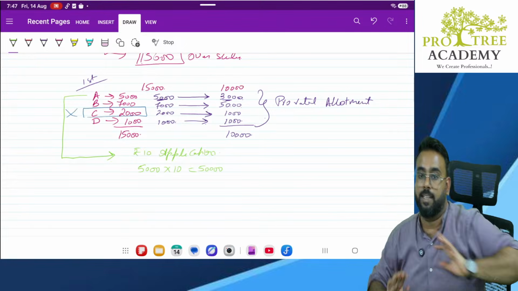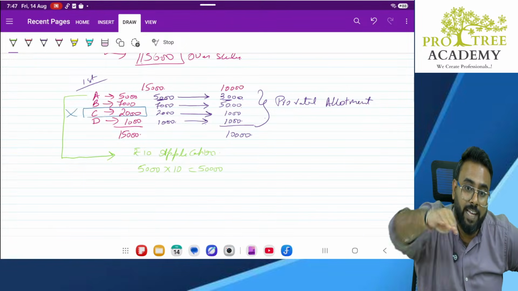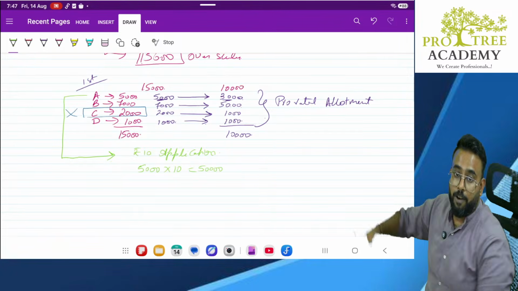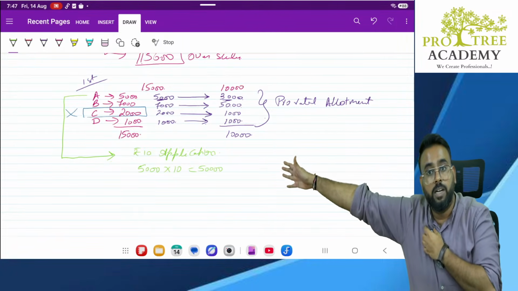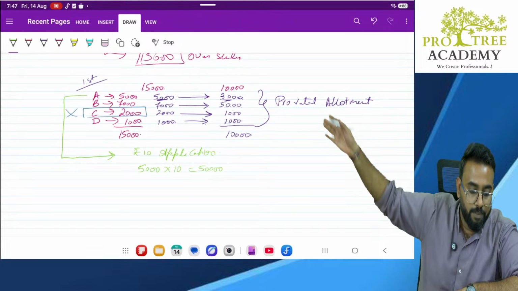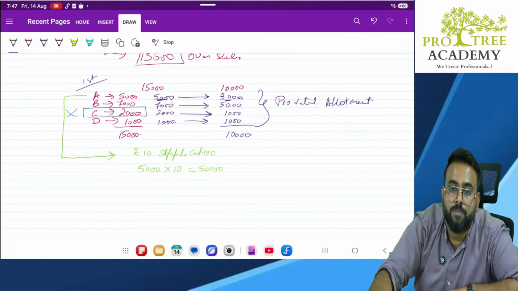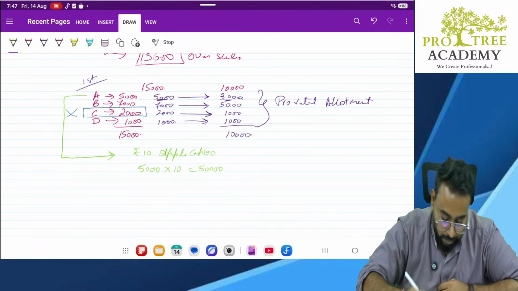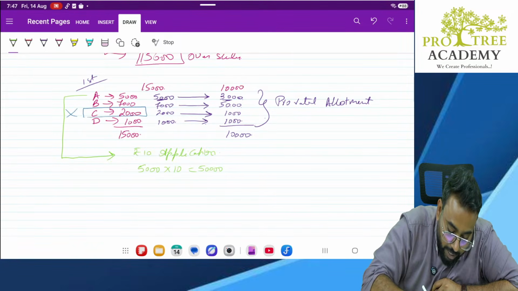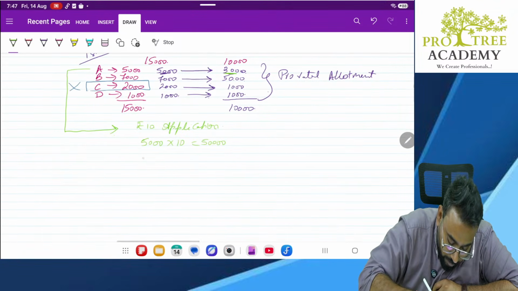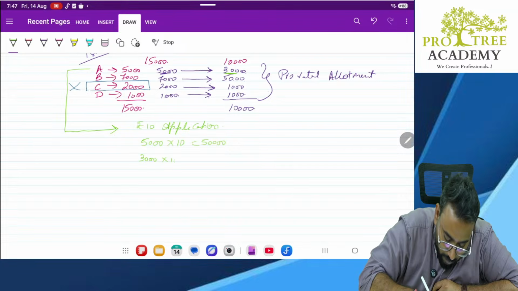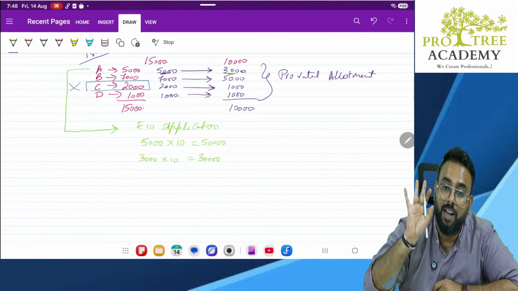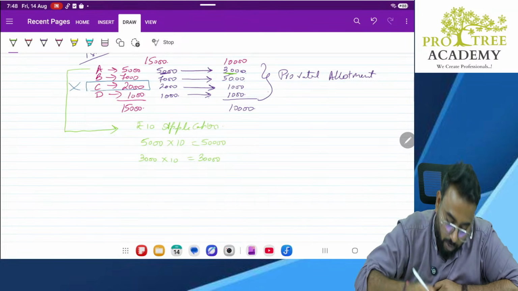That happens at the time of allotment. But when you are applying, how much did you apply for? 5,000. If you have applied for 5,000, you would have given how much? 10 rupees each. So you would have given 50,000. Correct? Yes, you are right, sir. Okay, very good. Now, how many shares were actually issued? Only 3,000. So how much money should I have received? Only 30,000.